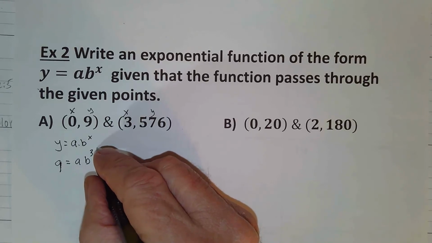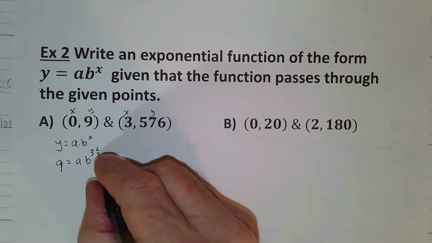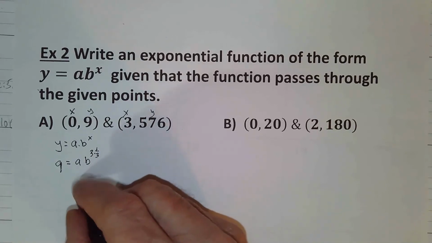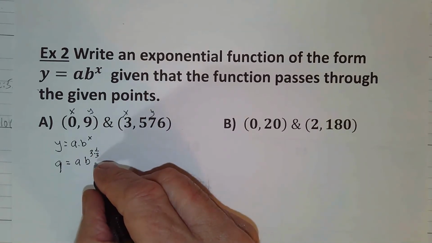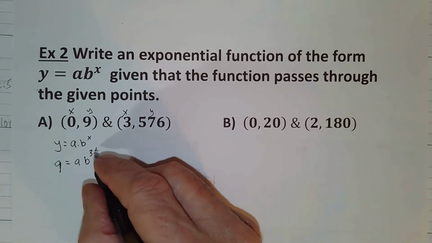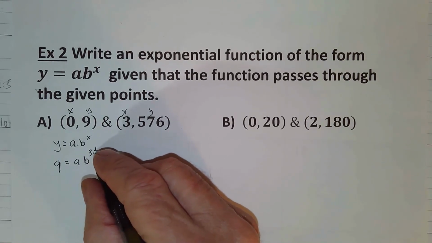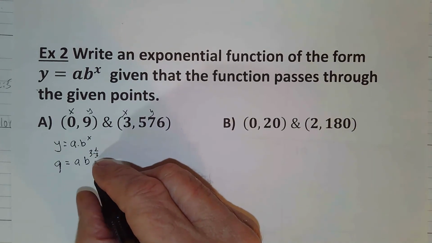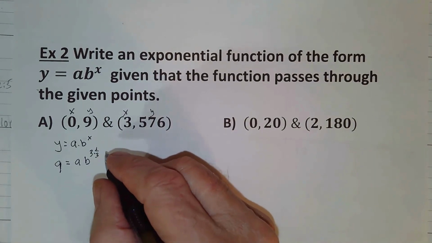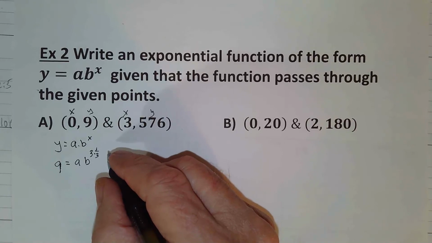So we can do it this way, times b to the 1/3, and so we end up with, what is 3 times 1 over 3? It's 1. So well, wait a second. No, that's not exactly what I want. Let me think about this a second.